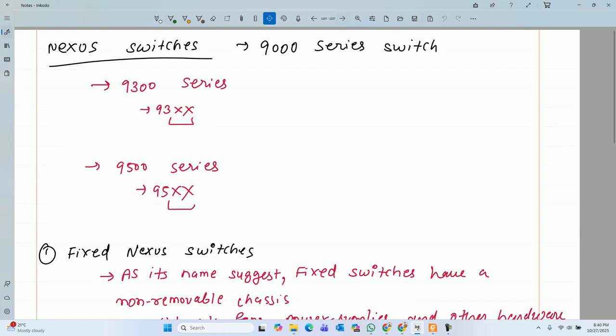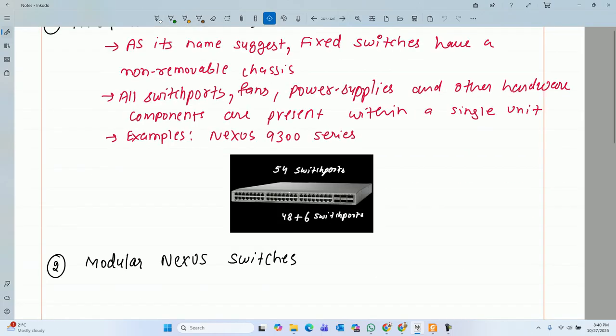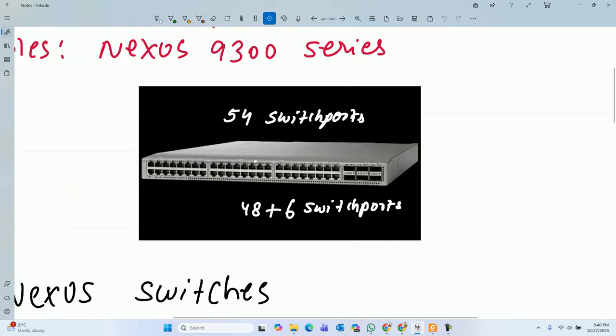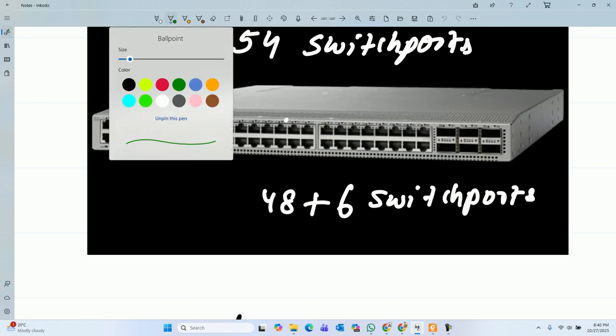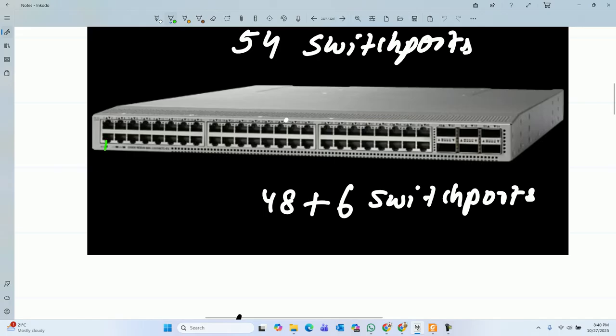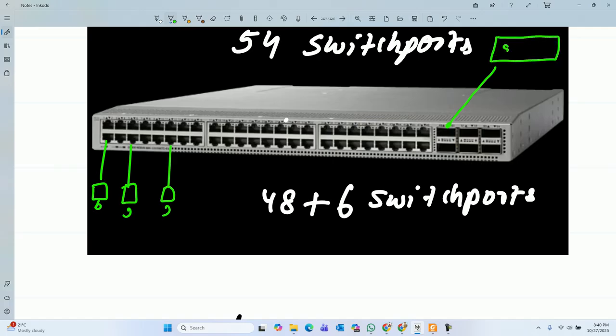So in this scenario, when you see these interfaces, they are designed to provide connectivity to whom? To the end user. The servers will be connected to these switch ports, and this switch port will be connected to, let's say, your spine switch.